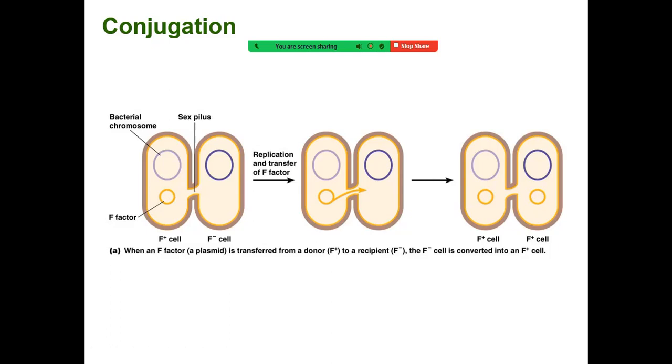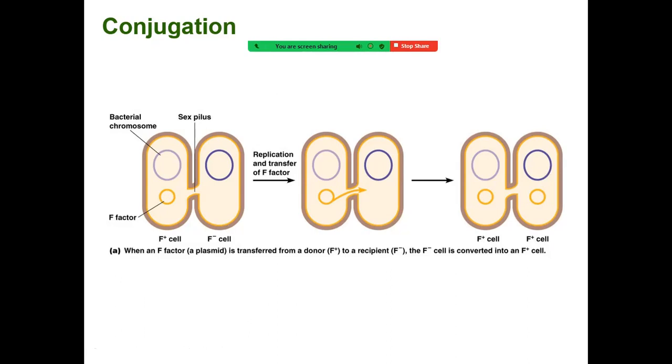So this cell here will grow a sex pilus, and we will no longer call it an F- cell because it has the F plasmid in it, and it will grow a sex pilus. So we call that an F plus cell. That will change the phenotype of this cell. Any question about that?